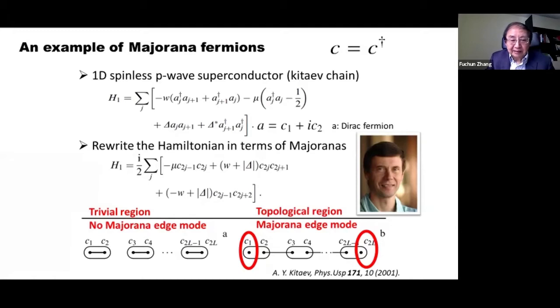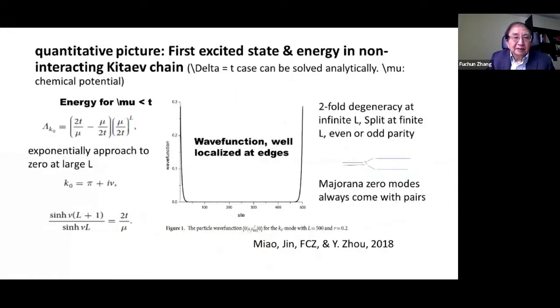But at the two ends of a Kitaev chain, there are Majorana fermions localized at the two ends. Kitaev proposed that about 20 years ago. Let me be more quantitative.